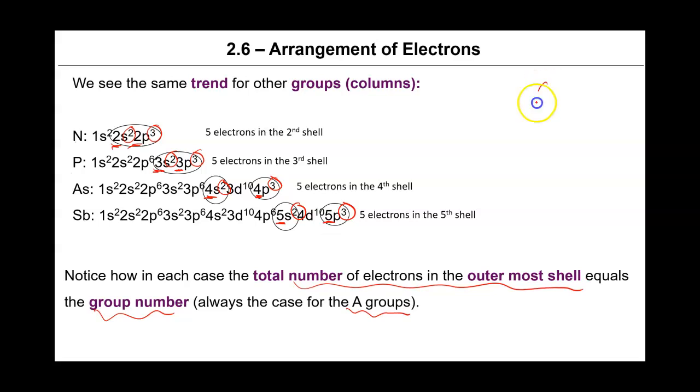So if I went to group 6A, I would expect all of those guys to have 6 electrons in the outer shell. Does that make sense? All right. So that's kind of cool. So again, it gives you another way of making certain that your electron configuration is correct.